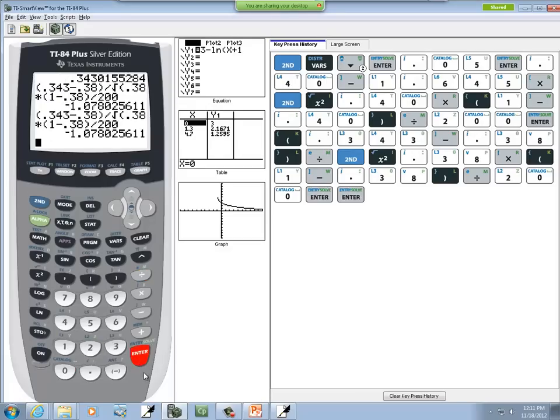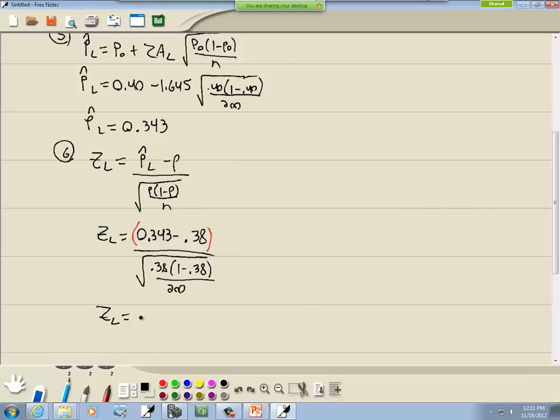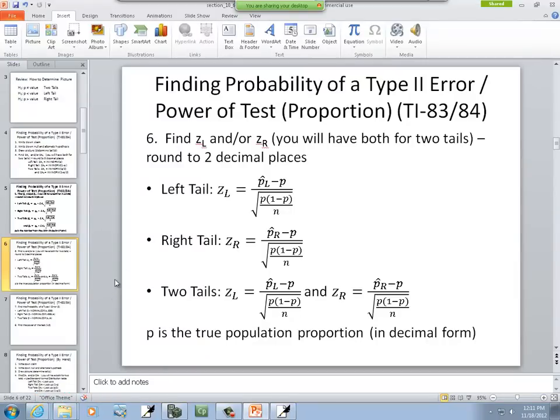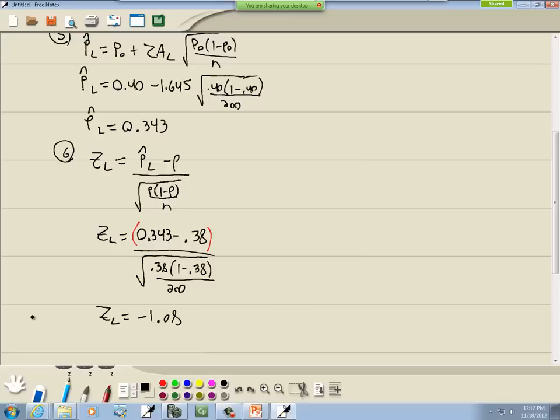Enter. Okay, so 0.343 minus 0.38 divided by square root of that times that divided by 200. Now we're going to take this to 2 decimal places, so it'd be negative 1.08. And I'll put that up here. Round to 2 decimal places. The reason why we do z-scores to 2 decimal places is that it'll match our book closer. Step 7.